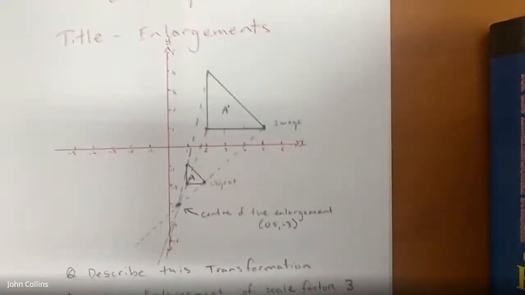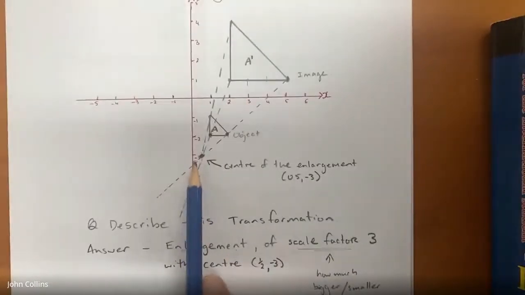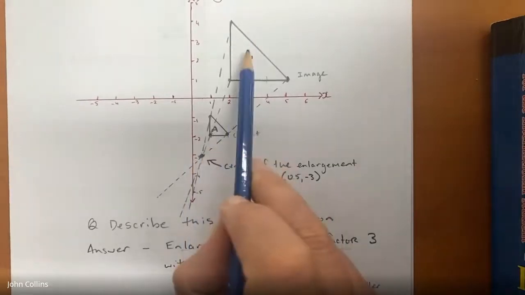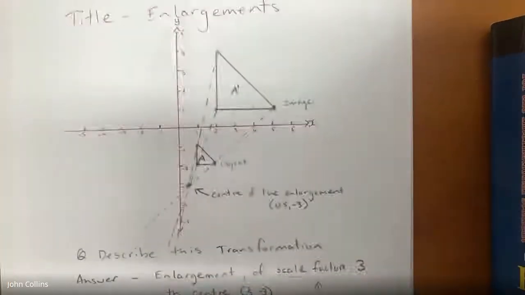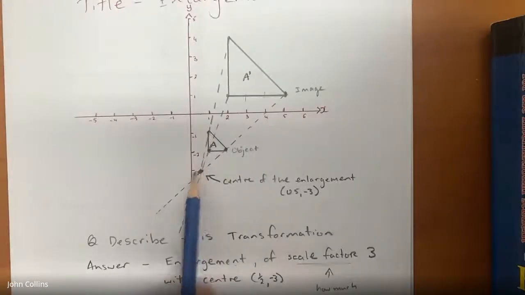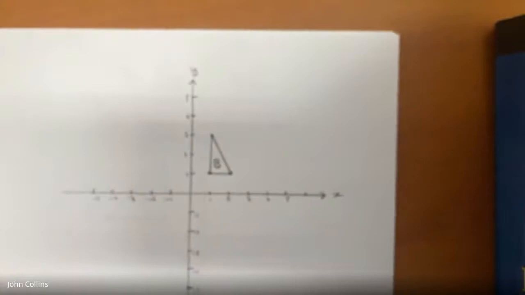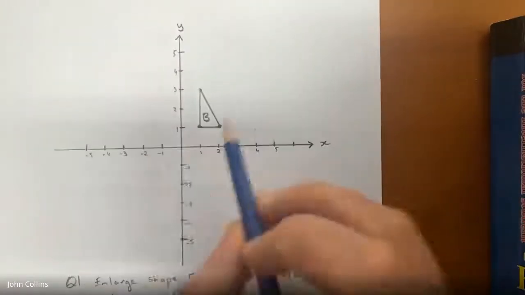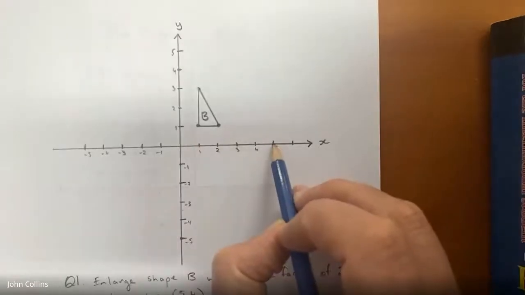So if we go back to the previous question, that's the center. There was our object and our image is way off here somewhere. Okay, so let's put in this dot for the center on our new diagram. So the center is 5, 4 for this one. 5, 4. So let's put in 5, 4. 5 on X coordinate.